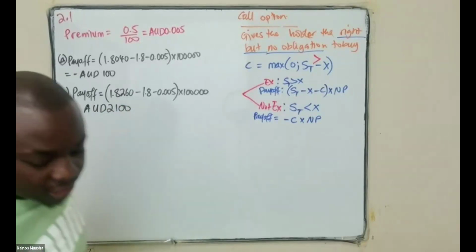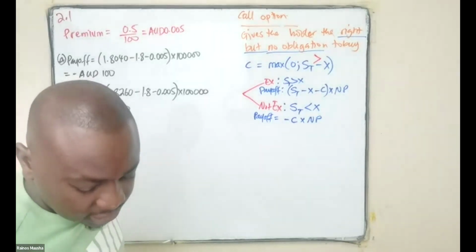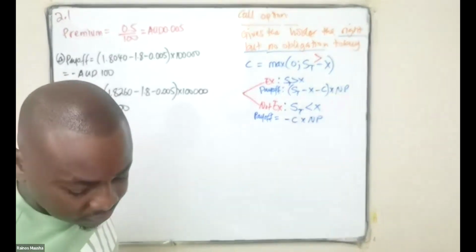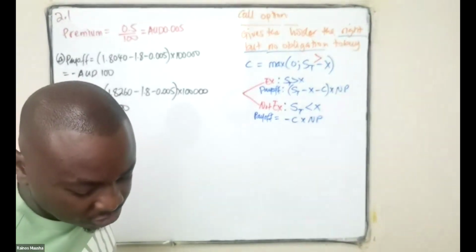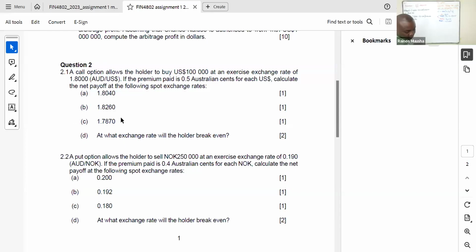All right. Then on the next scenario, which is part C of the question, they tell us that the spot price is 1.7870. Are we going to exercise this option or not? Not exercise. So we choose not to exercise the option.